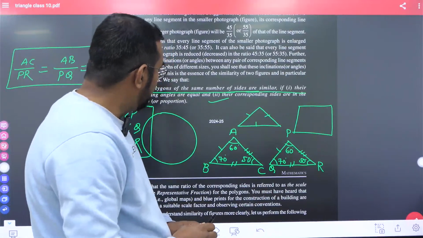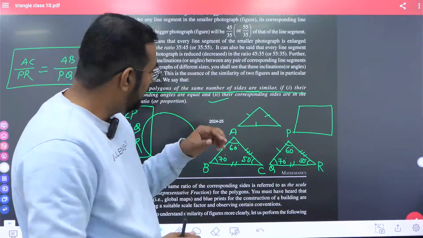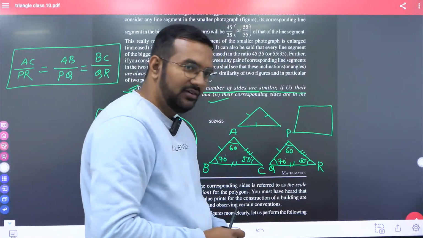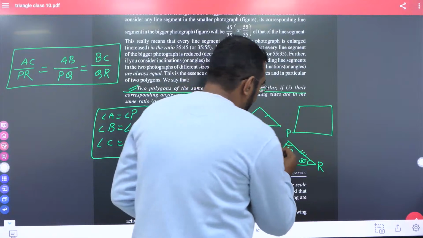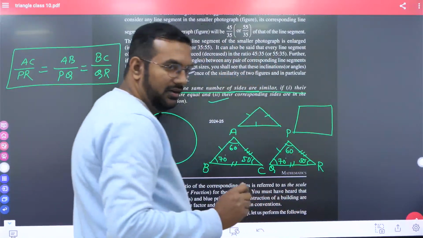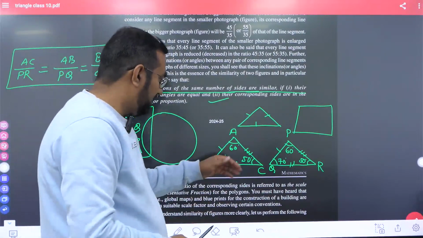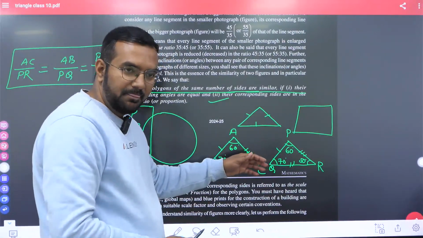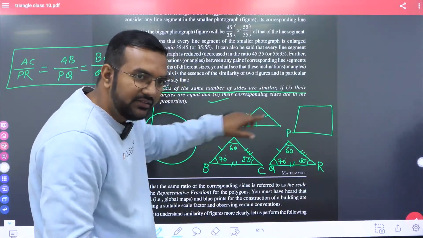One question arises here: sir, how will we identify which side is the corresponding side? For example, here AB's corresponding side is PQ, BC's is QR, and AC's is PR. Beta, if there is a question, you will get the measurements of the sides.